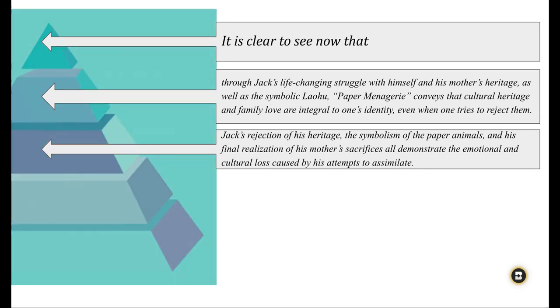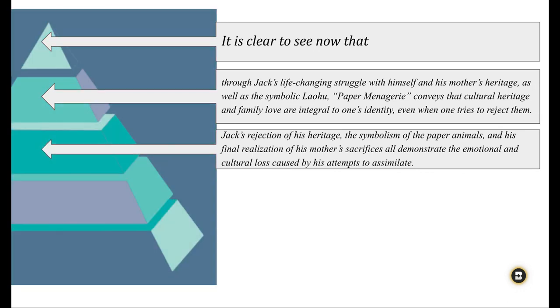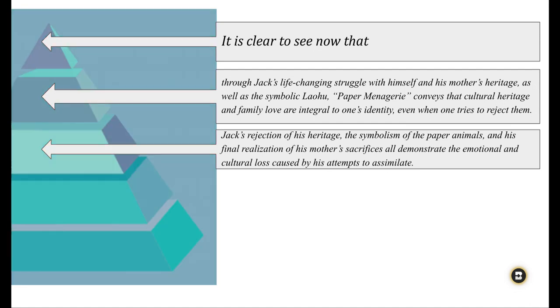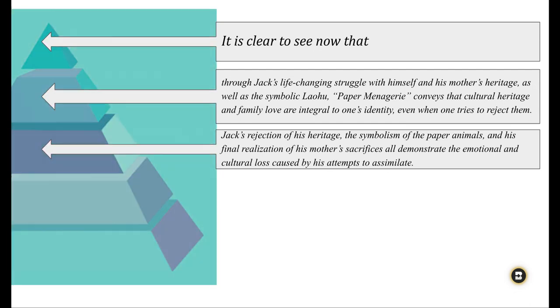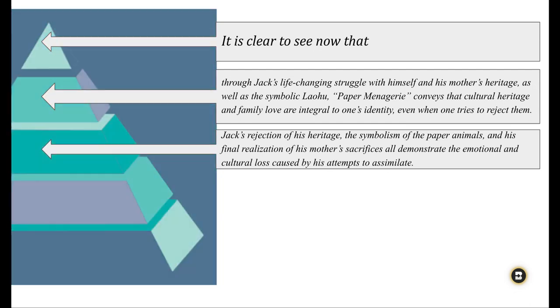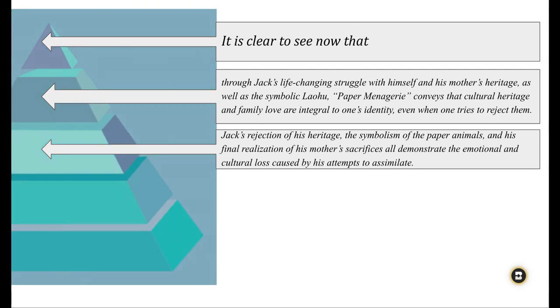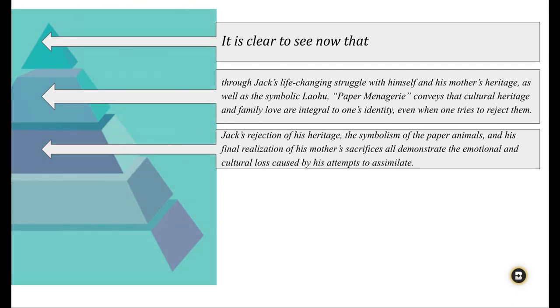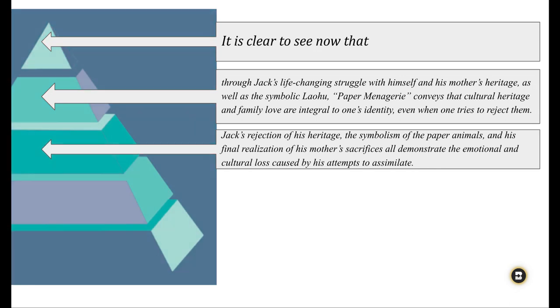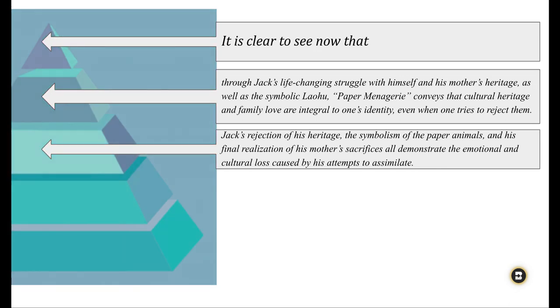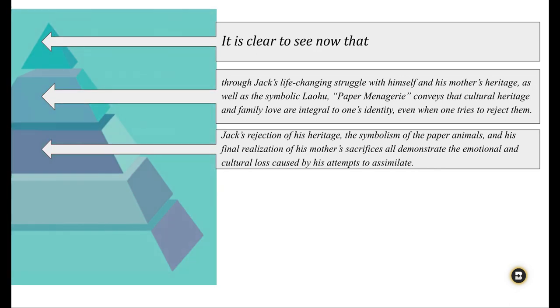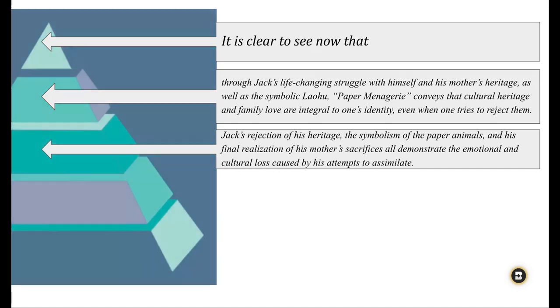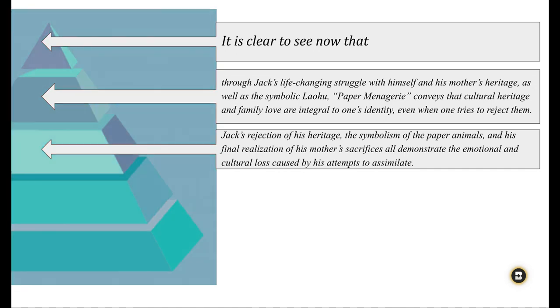So I say, "Jack's rejection of his heritage, the symbolism of the paper animals, and his final realization of his mother's sacrifices all demonstrate the emotional and cultural loss caused by his attempts to assimilate." So I'm reminding you through the story details of how this thesis has been illustrated to be the case.